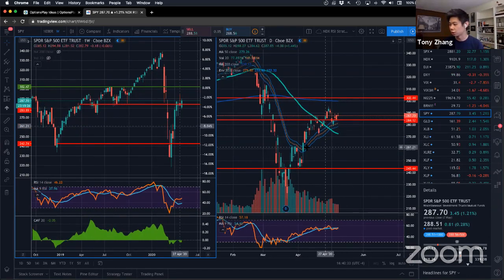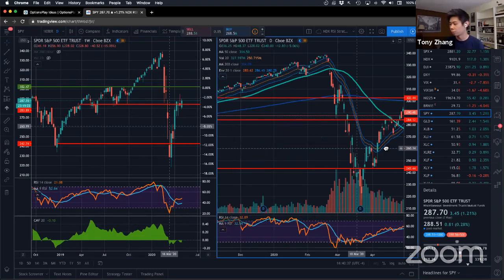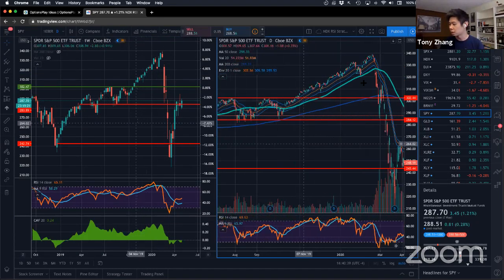So we have a weekly chart on the left-hand side and a daily chart on the right-hand side. One of the things I want to point back to is that during the November to January rally, as the markets continued to move higher, momentum did not make any higher highs. Momentum actually started to make lower highs.